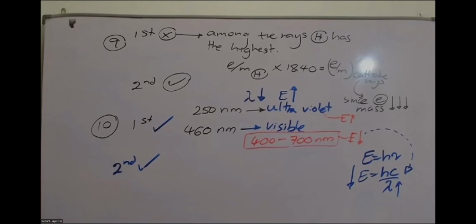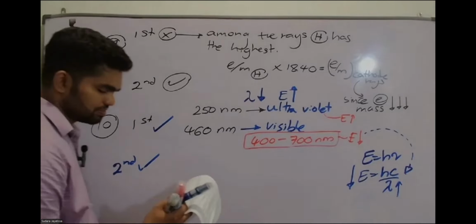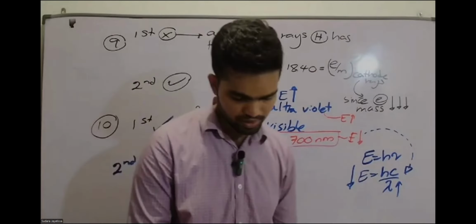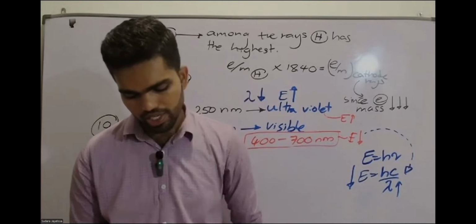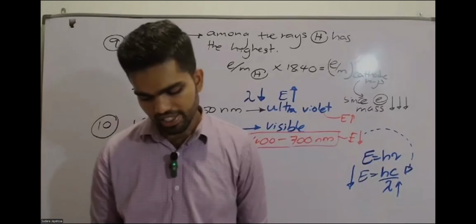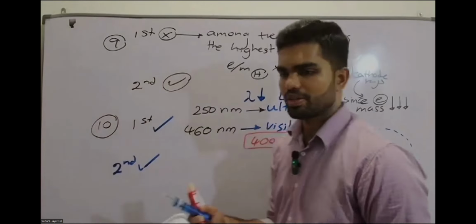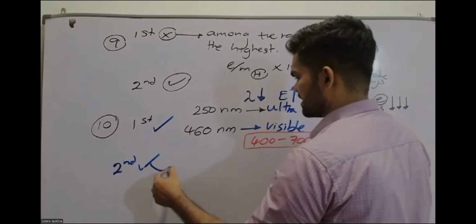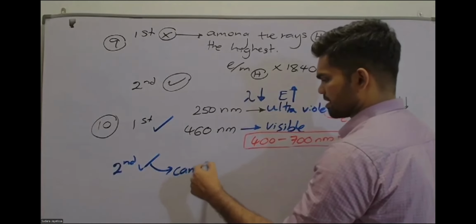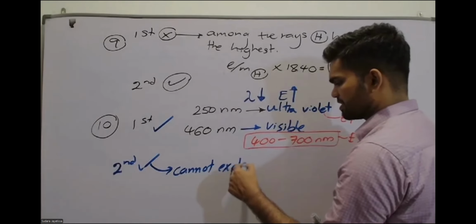We have to say which region, because except for the visible region, you have many other regions, ultraviolet, infrared, like that. You have to say what region. Then only we can guess. So anyway, both the statements are correct, but the second one can't properly explain the first one. Cannot explain. Just write it down too. Cannot explain the first.